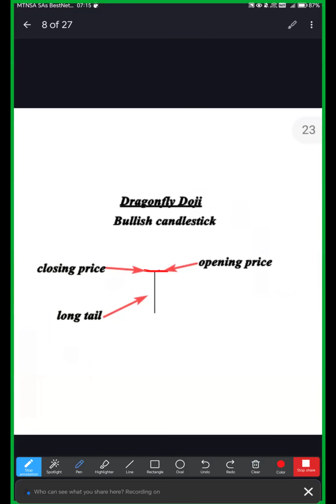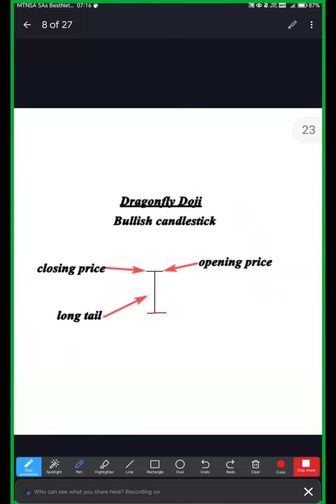Another characteristic of a dragonfly doji is that it has a long lower shadow. Remember, yesterday we were talking about shadows. So you can see that a dragonfly doji has a long lower shadow or a long tail. This signifies that there is buying pressure here.